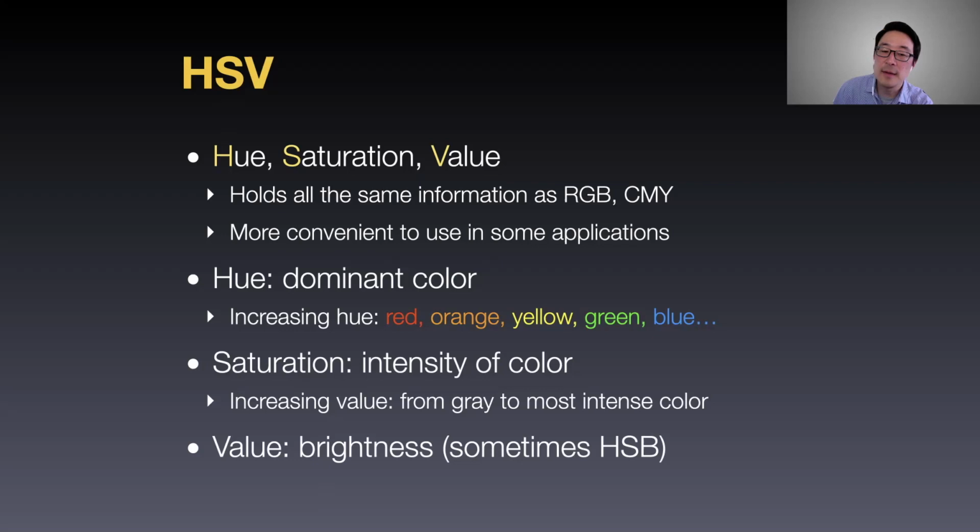And then the value is the brightness overall, which is also sometimes what I call HSB, hue, saturation, brightness, but more typically it's HSV, hue, saturation, value. You'll see this as an option in a lot of color pickers on the computer, where you can specify something in RGB, or maybe you can flip to a different tab and see it in HSV as well.